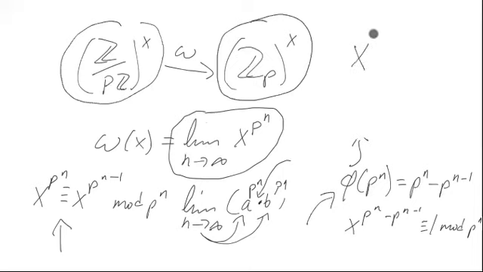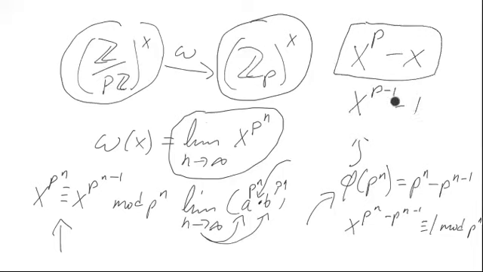Let's think about x to the p minus x. We can rewrite this as x times (x to the p minus 1, minus 1), and we think about solutions of this mod p.